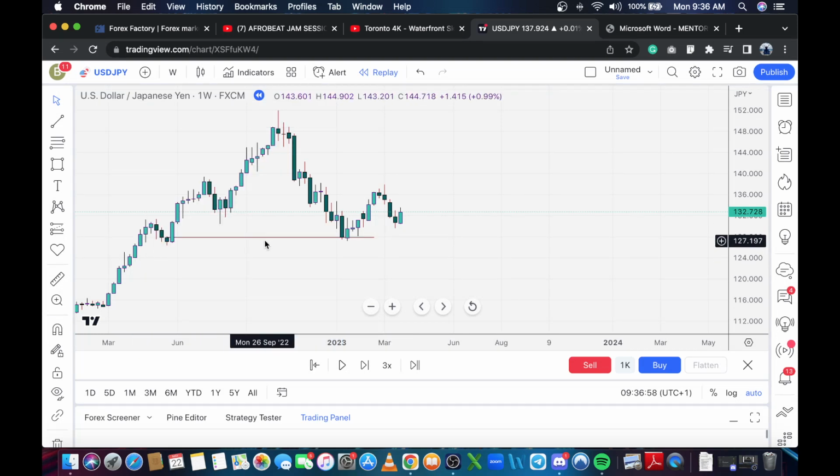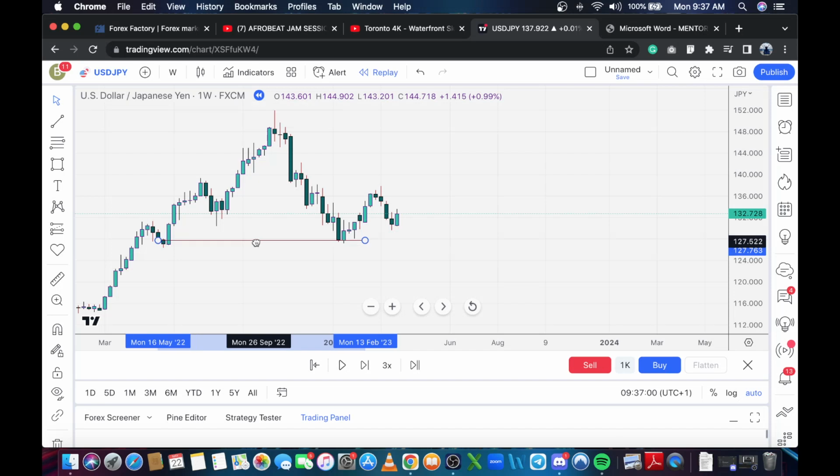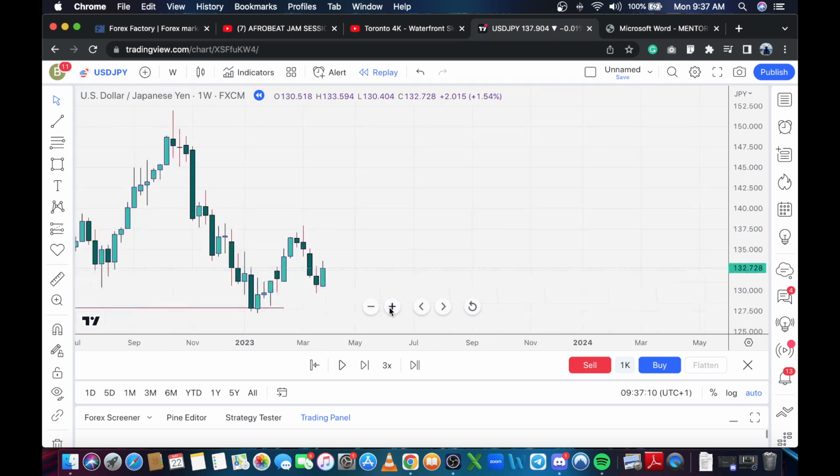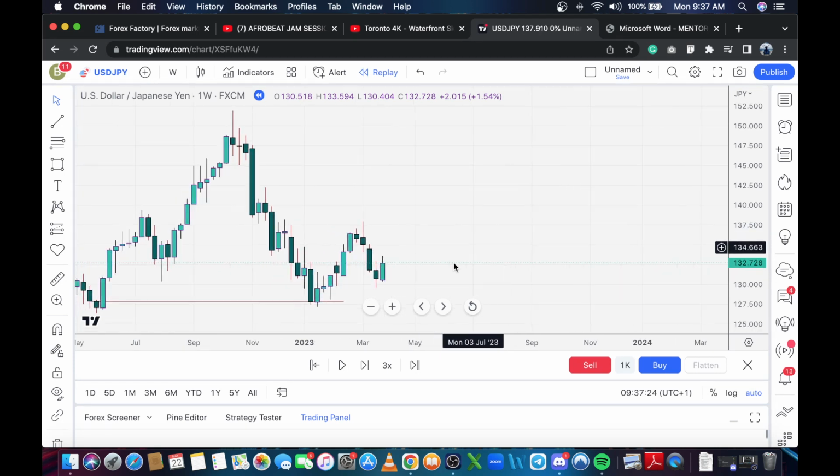So oftentimes I use a red line for my monthly and weekly levels, just to differentiate. And I'll use a black line for daily levels, and also a black line for lower time frame levels too. Alright, so we trade out into a weekly discount.